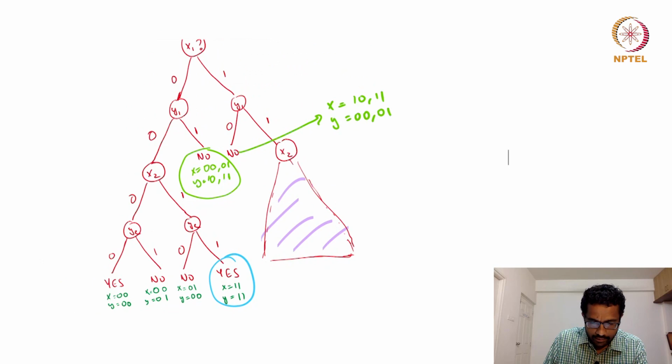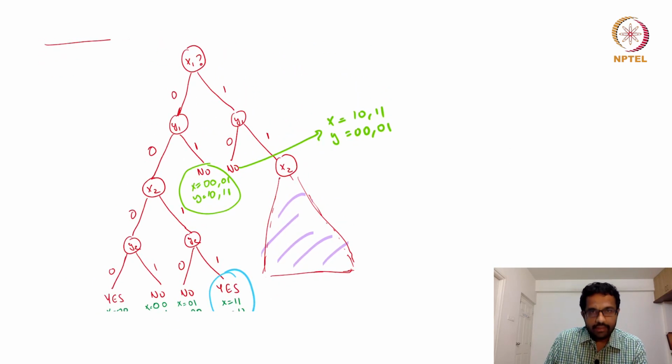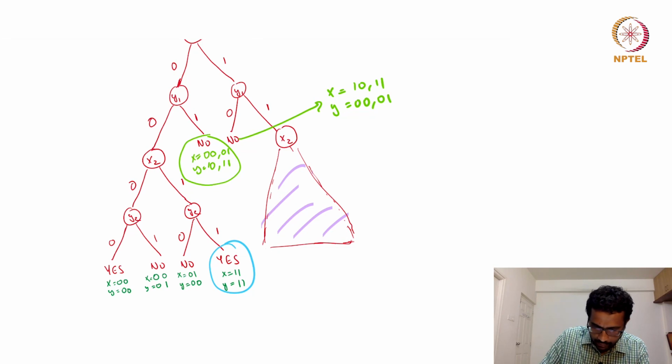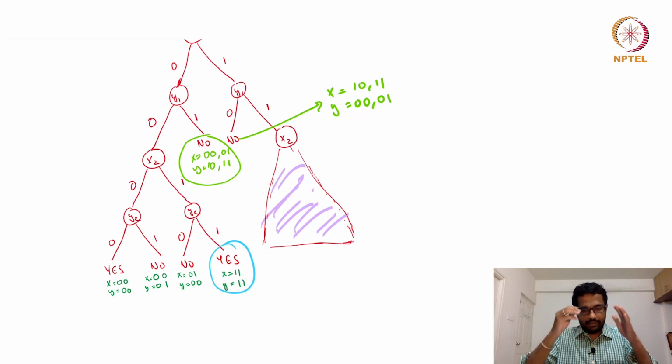Okay, so how will we see that? We will show that any protocol tree for equality has at least 2 power n leaves. So in this tree we have 4 leaves at the bottom here, and another set of 4 leaves in this red triangle, so that's 8, and then 2 leaves on the top, so 10 leaves. To build a tree with at least 10 leaves you need a tree of height at least 4.